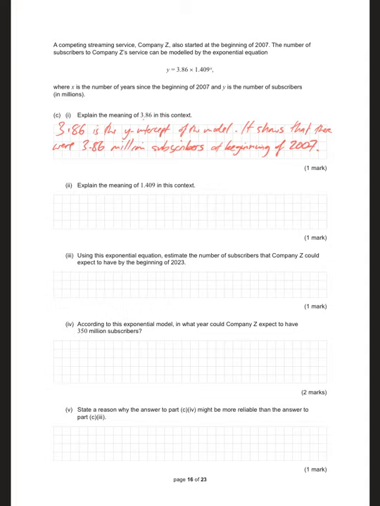Explain the meaning of 1.409. 1.409 is the multiplier. It is 140.9% as a percentage.